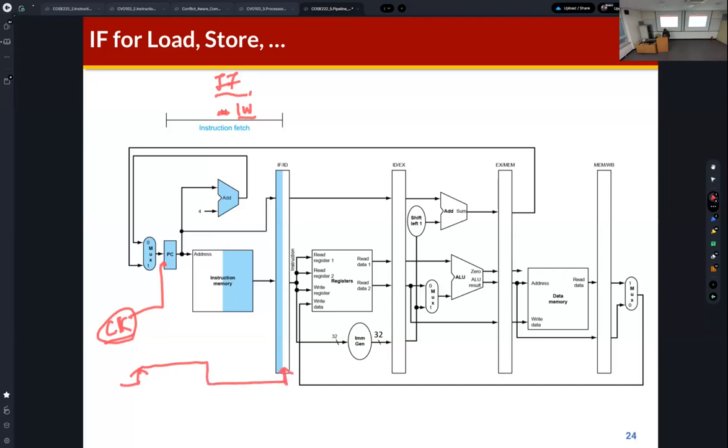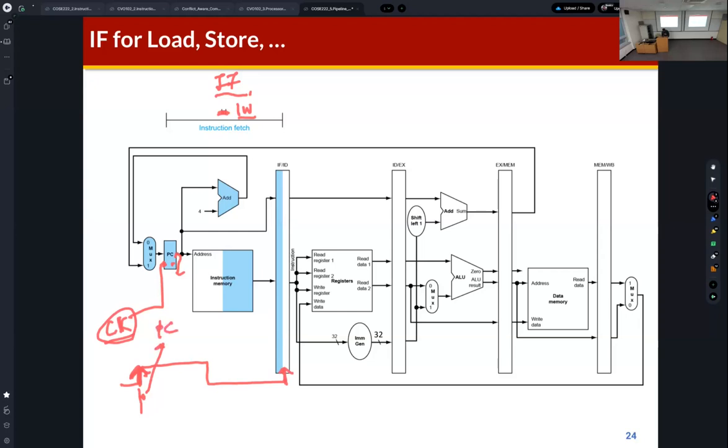Just after the rising edge of this clock, the PC is generated by the PC register, because this is very similar to a flip-flop.